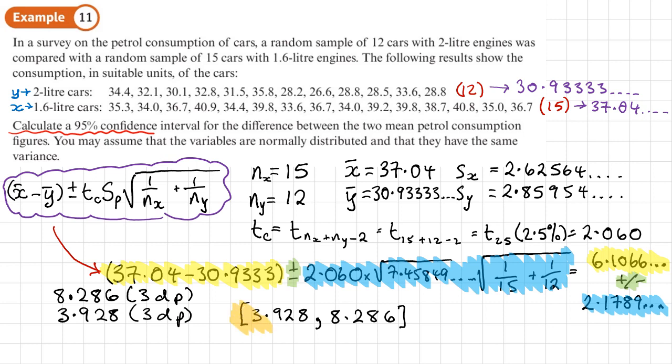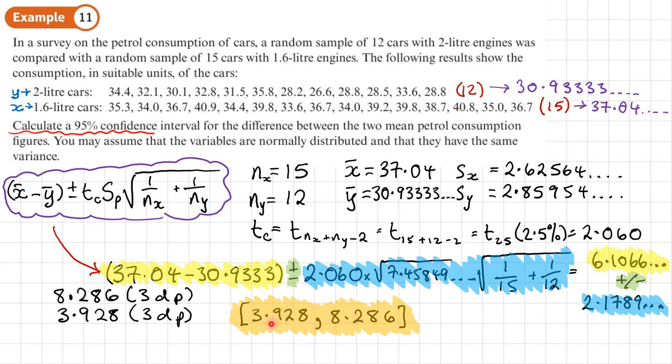Now basically what this means is if we're working out the difference between these two means, we can be 95% confident that the difference between these two means will lie between these values. And we'll say, if we're testing at 95%, that's acceptable if the difference lies between these two values.